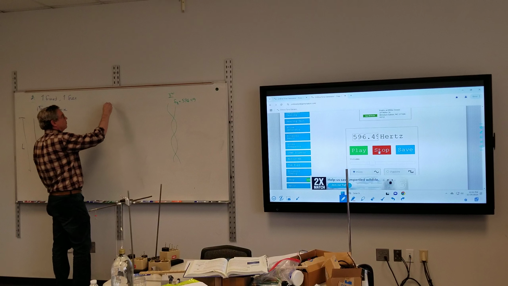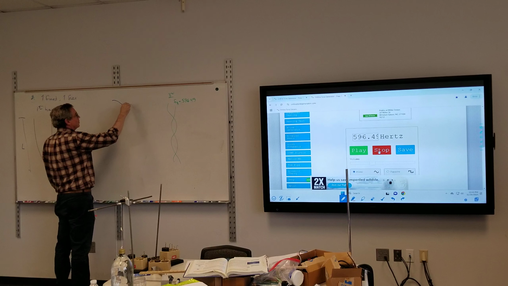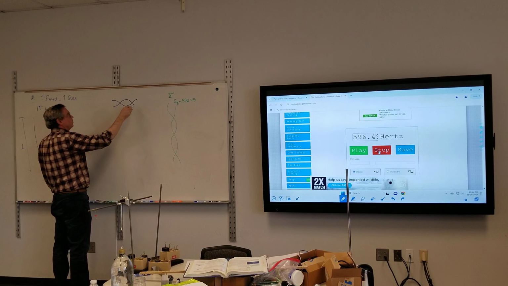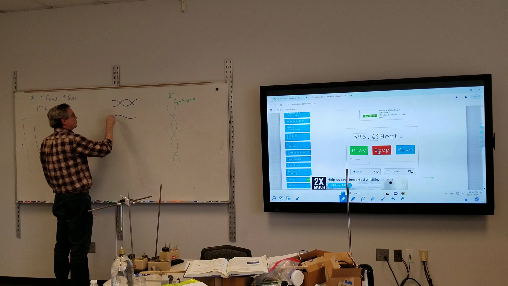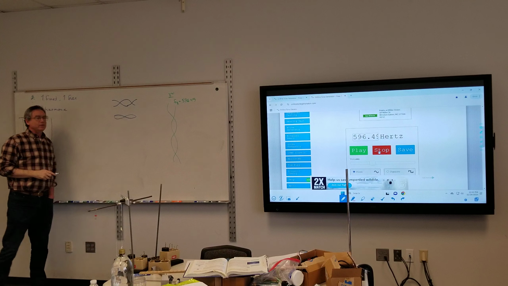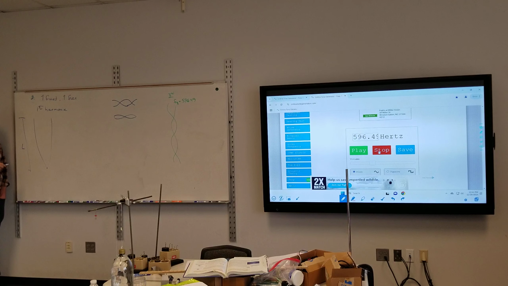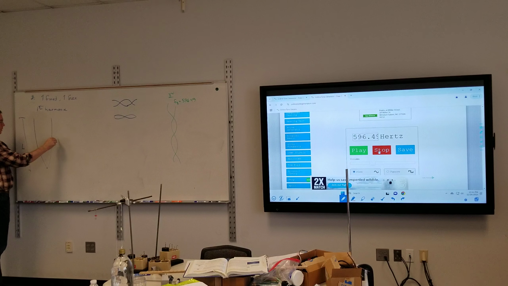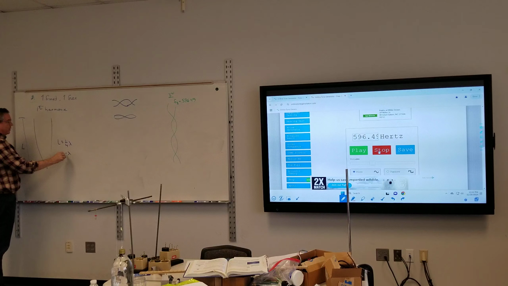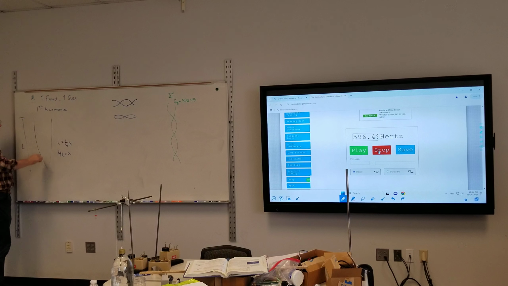Remember that a full wave, that's a full wave, that's a full wave. Third. Not a third. Fourth. Yeah, it's a fourth of a wave. So L is equal to a quarter of a wave. Therefore, the wavelength is 4 times whatever that length right there is.